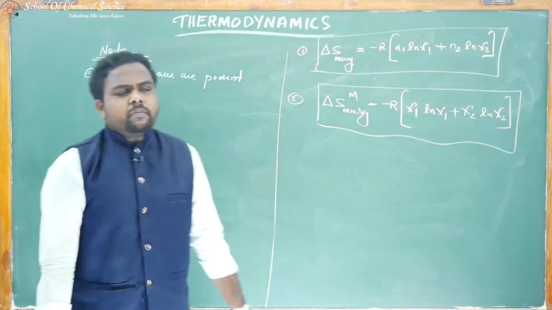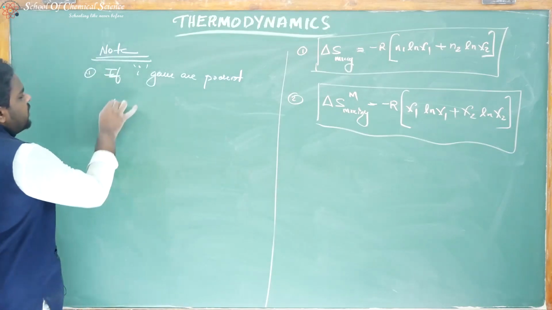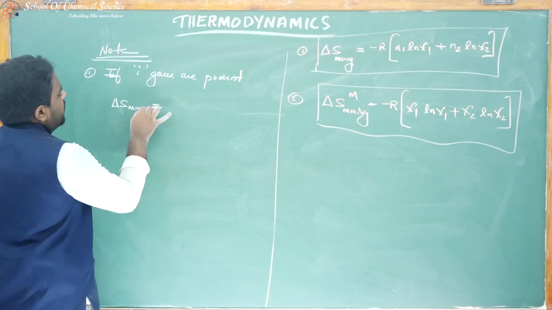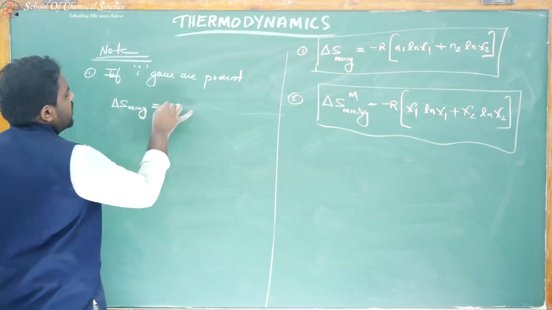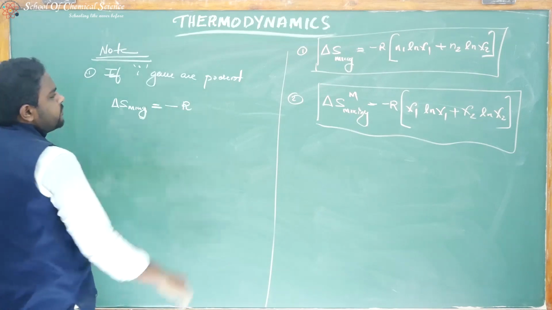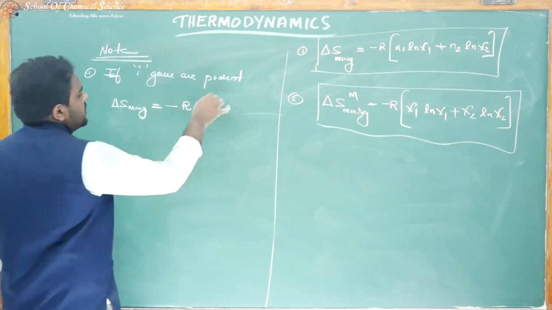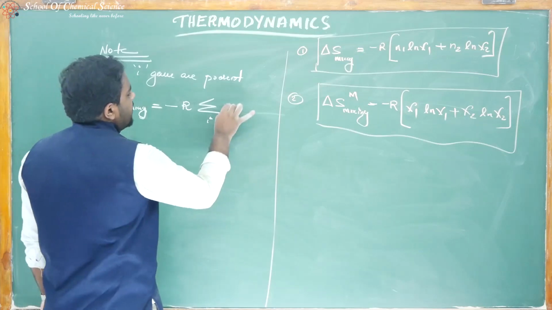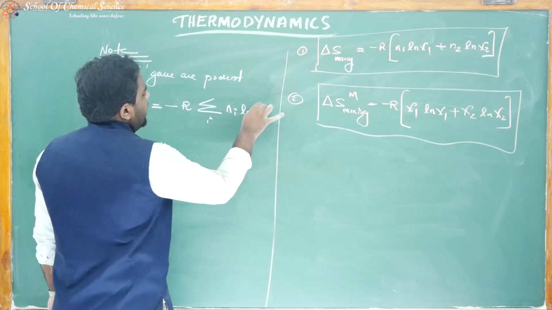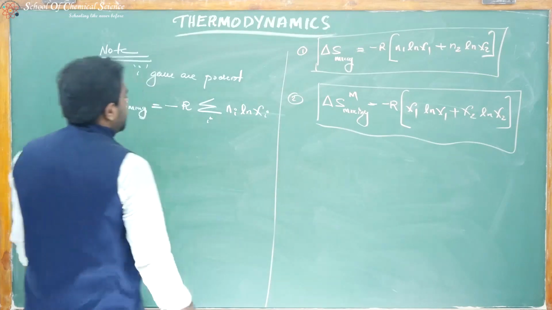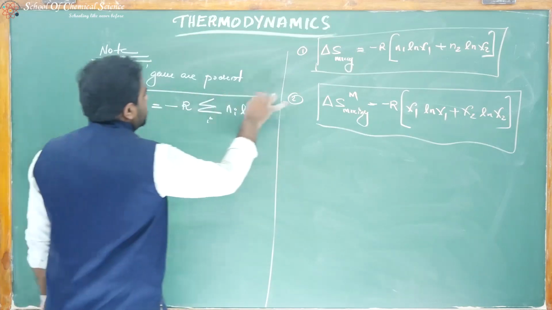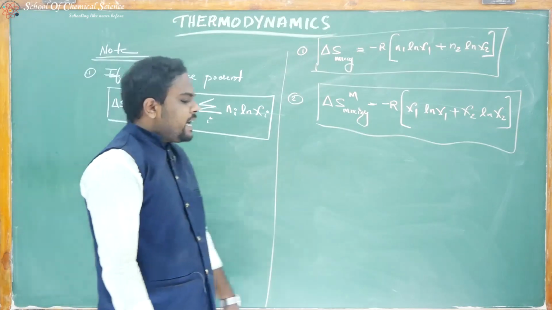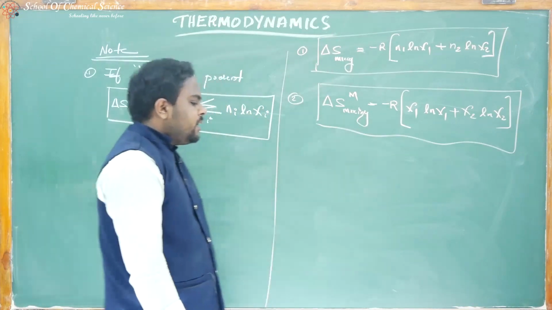If i gases are mixed, then entropy change for mixing is equal to minus R sigma i Ni ln chi i. This is the equation: minus R sigma i Ni ln chi i.